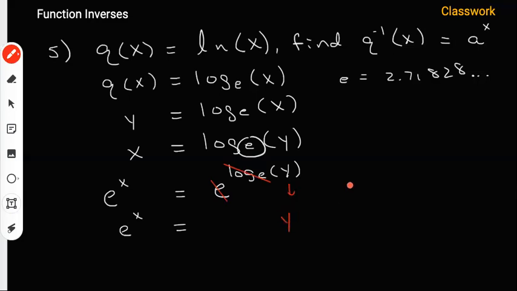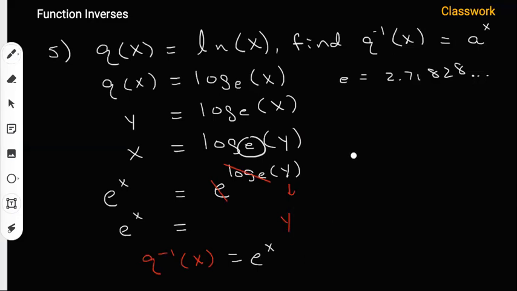So at the end, I get y is equal to e to the x power, right? One more thing that we need to do. We need to replace y with the q inverse. So I'm going to get q inverse of x is equal to e to the x power. That's going to be my inverse function.